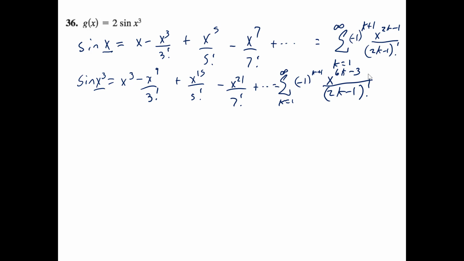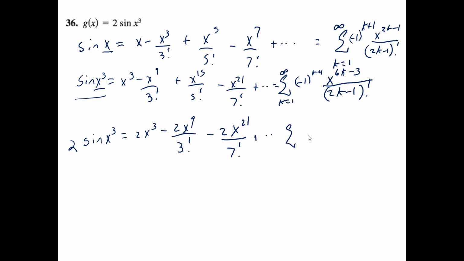But we wanted the formula for 2 times the sine of x cubed. So if we multiply both sides of this formula by 2, we end up with 2 times the sine of x cubed is equal to 2x cubed minus 2x to the 9th over 3 factorial plus 2 times x to the 15th over 5 factorial minus 2 times x to the 21 over 7 factorial, and so on.